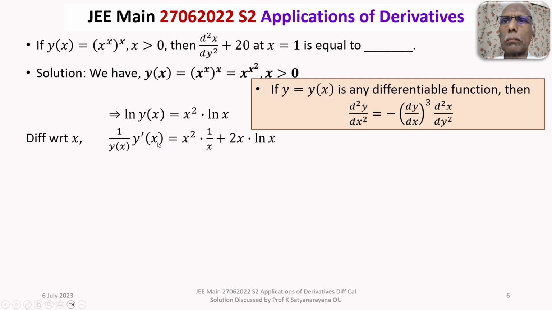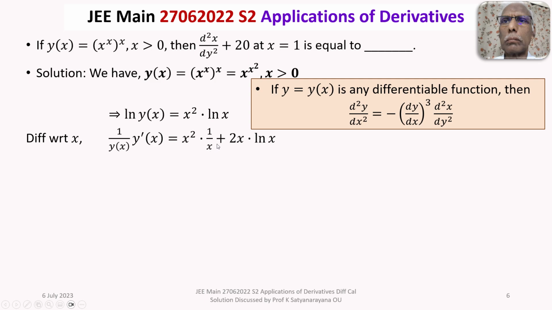That is the first derivative, dy by dx, is equal to, using the product rule for differentiation, first function x square into the derivative of the second function, the derivative of ln x, which is 1 by x, plus second function ln x into the derivative of the first function, that is the derivative of x square, which is 2x.